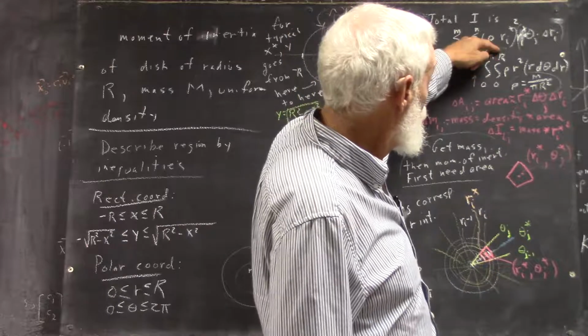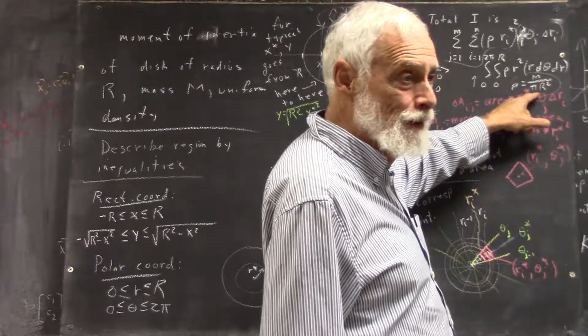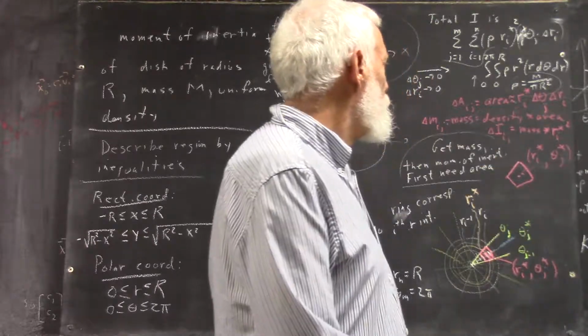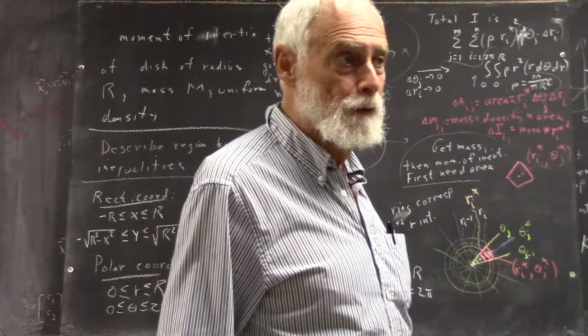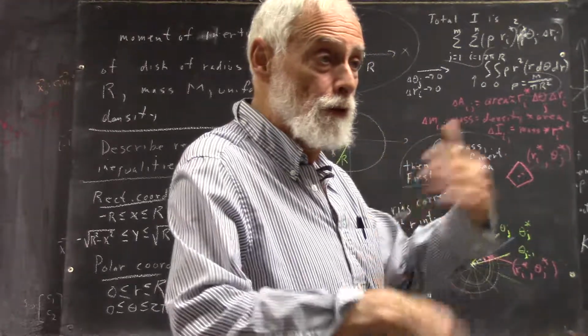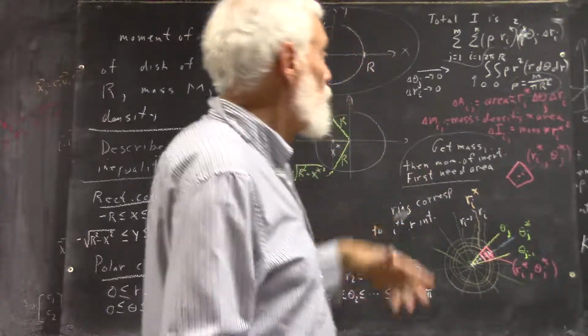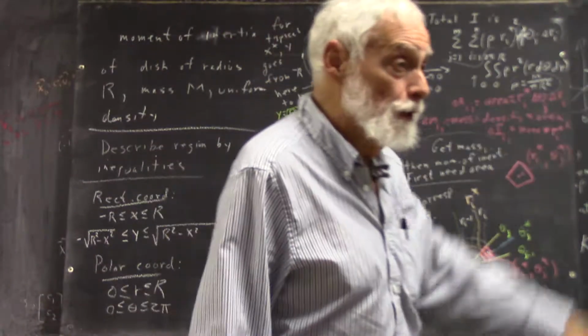That's going to give you big R to the 4th over 4 times 2 pi. But you're going to have this over pi, and you're going to end up with 1/2 big M R squared. And that's the moment of inertia of a uniform disk. We'll talk more about the intuitive aspects of that in physics, but that's the way it goes.